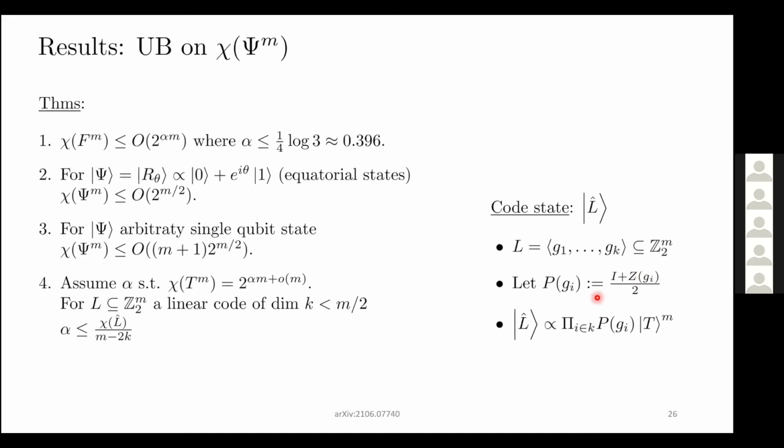We can think of this code state as simply starting with the T state and then multiplying that T state by all of these projectors.